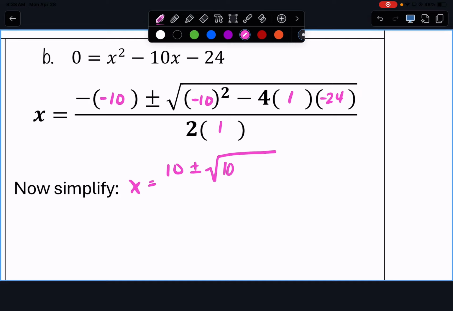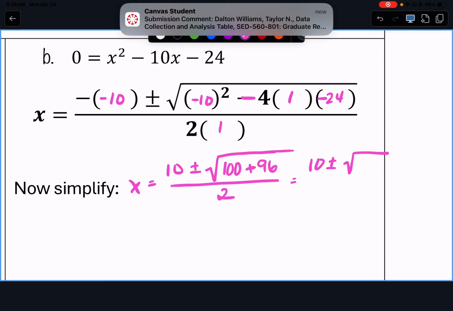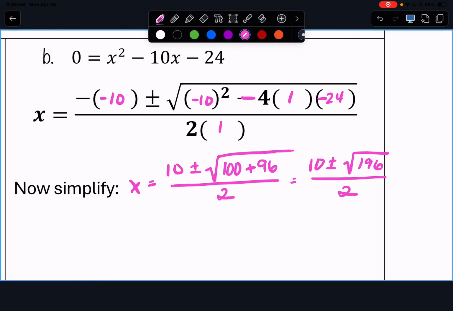It's positive 100. Then negative 4 times negative 24 is positive 96, because we have a negative and a negative, which makes it a positive. All over 2. So we have 10 plus or minus the square root of 196, all over 2.